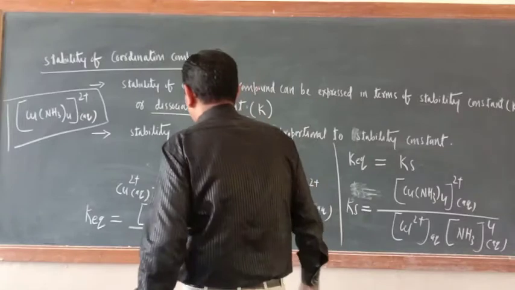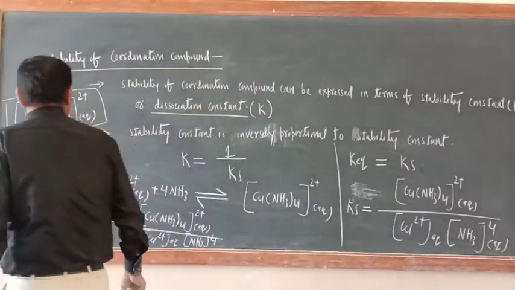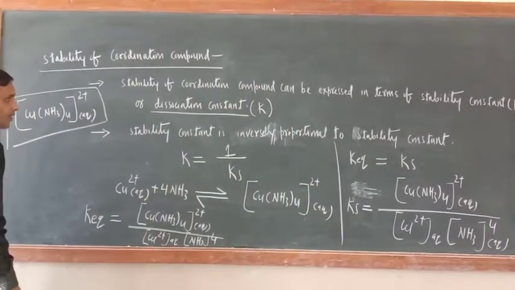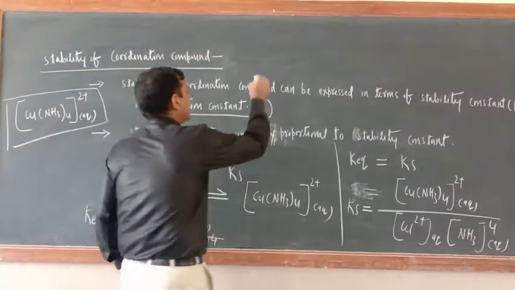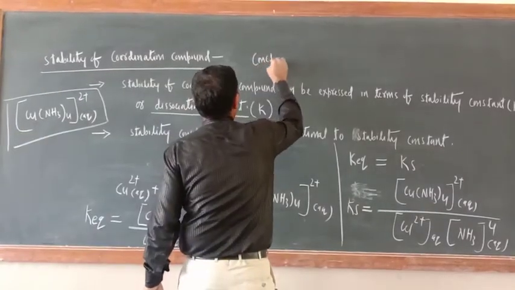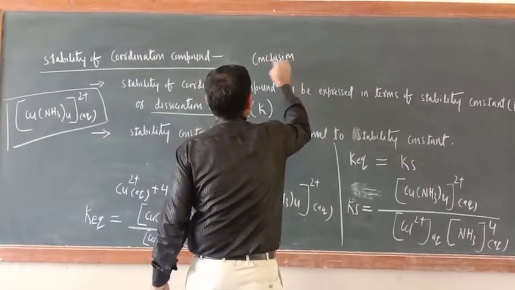Greater the value of Ks, that is the stability constant, greater will be the stability of the coordination compound. Here I am writing the conclusion. What is the conclusion?